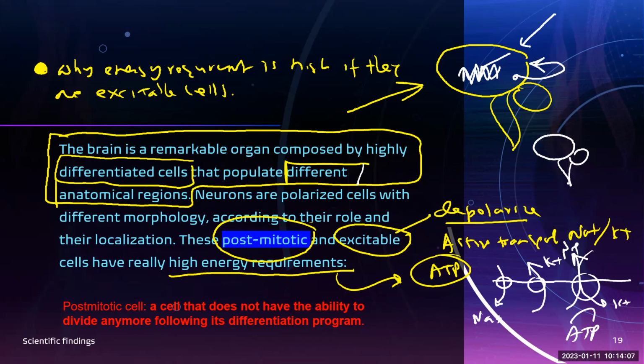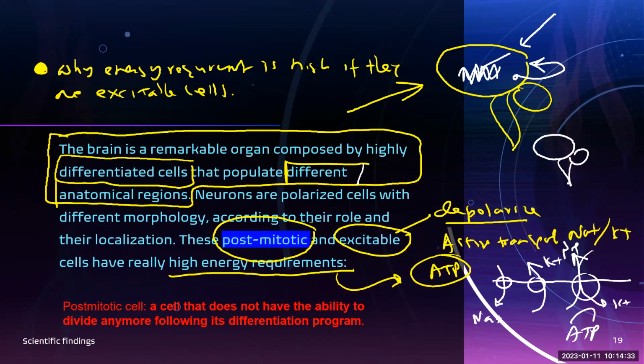If we take normal cells like endothelial cells, they use ATP for specific functions like protein synthesis, maybe active transport when there's a requirement. But neurons, in addition to their housekeeping functions, their regular functions, have this additional role.